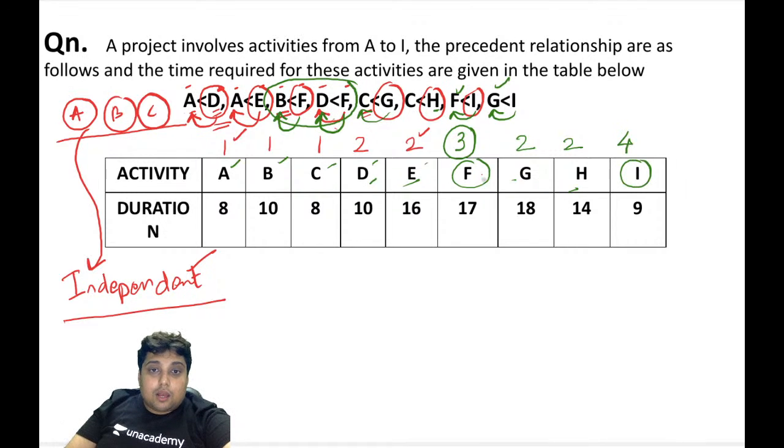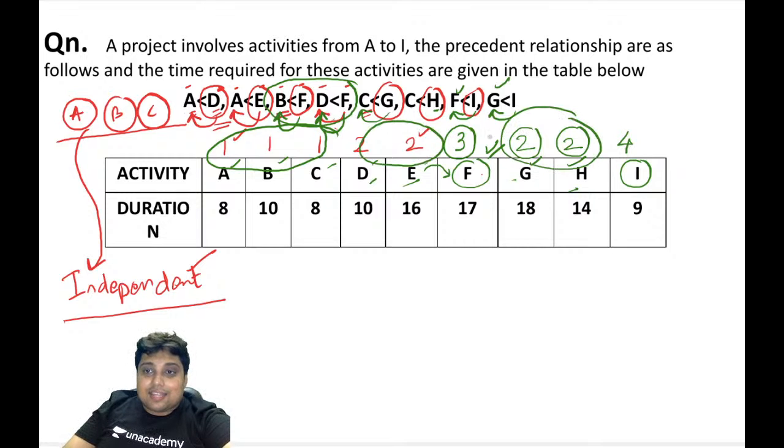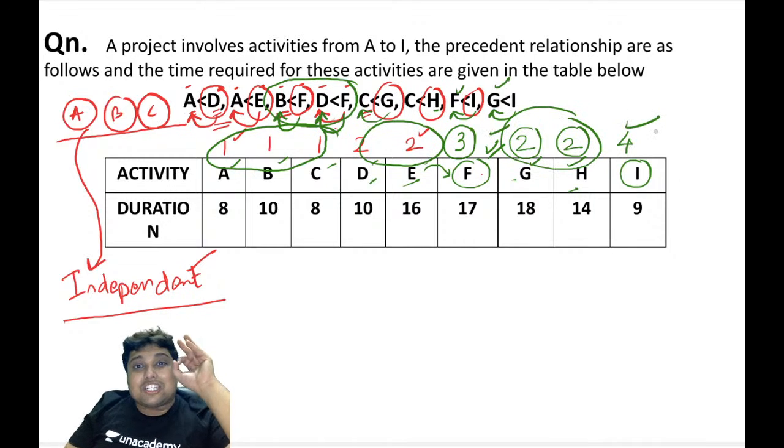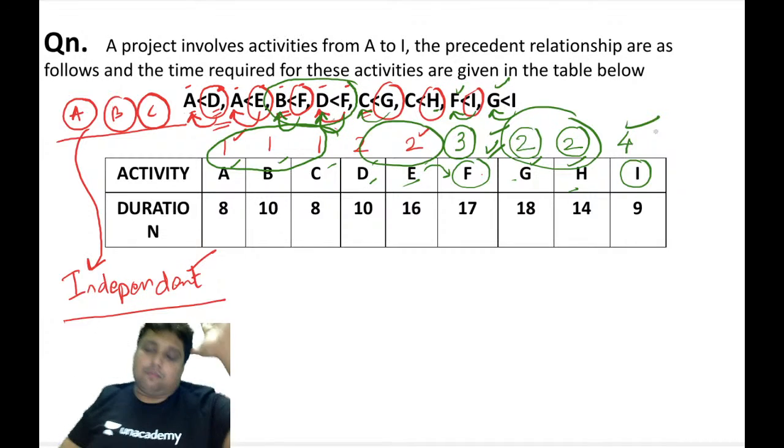If we were constructing the network diagram and after A, B, C, D, E we start making F, it will be wrong, because after D and E we will have to target G and H, because G and H have second rank, my friends, and F has third rank. So while constructing the network diagram, first you have to target those activities that have first rank, then those which have second rank, then the third rank, then the fourth rank. Then only you will construct the proper network diagram.